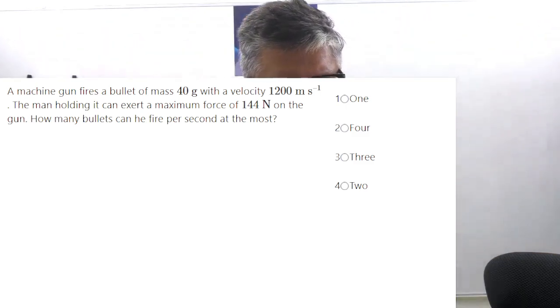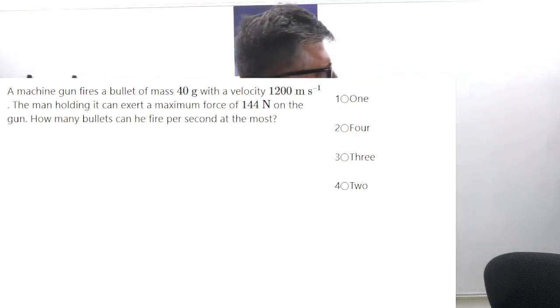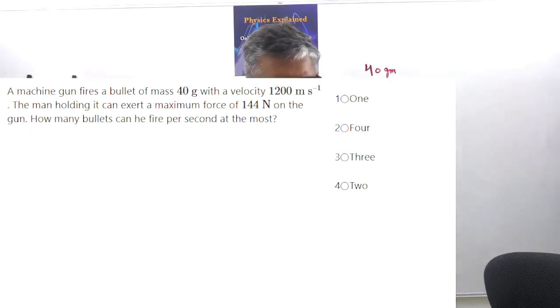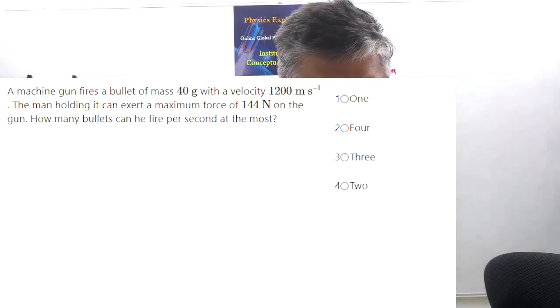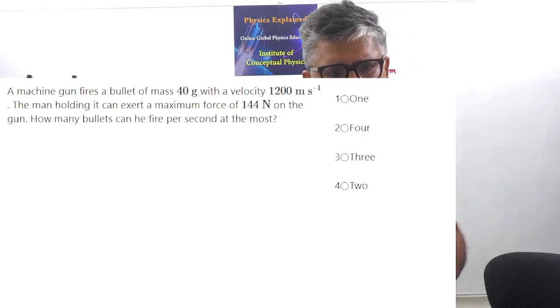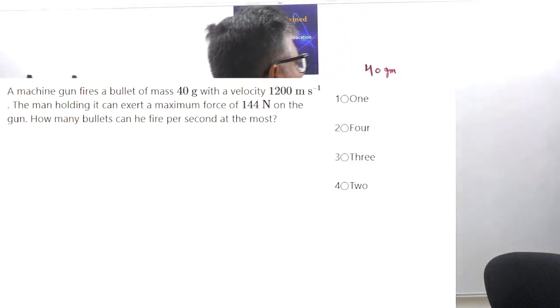So you have a bullet which is 40 grams. The velocity of the bullet is 1200 meter per second. And the man who holds the gun can exert a force of 144 newtons.